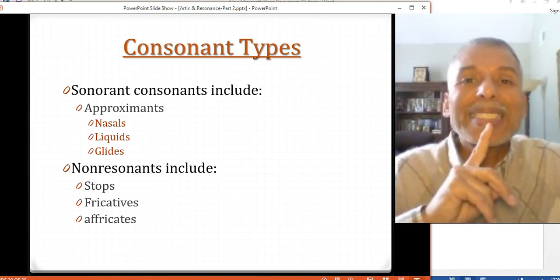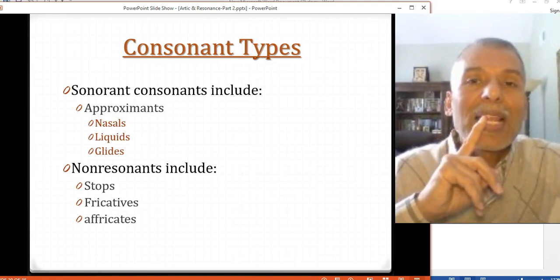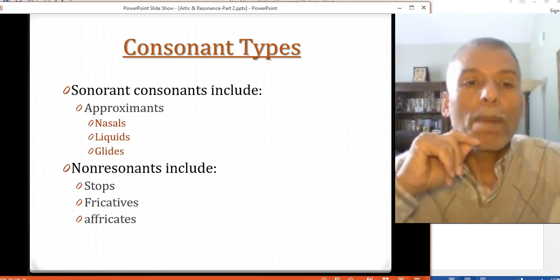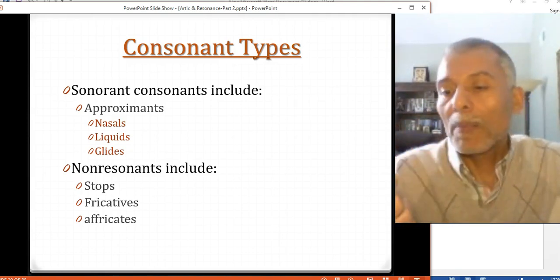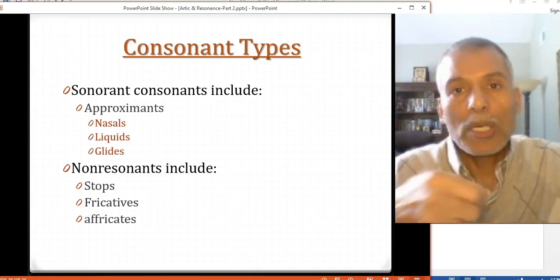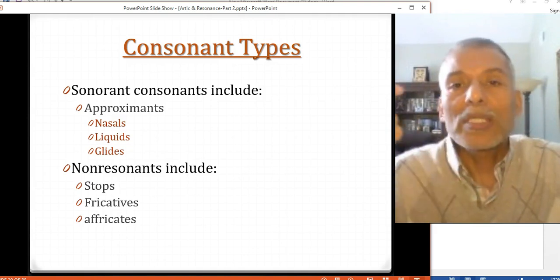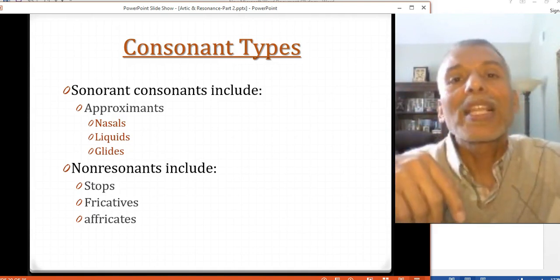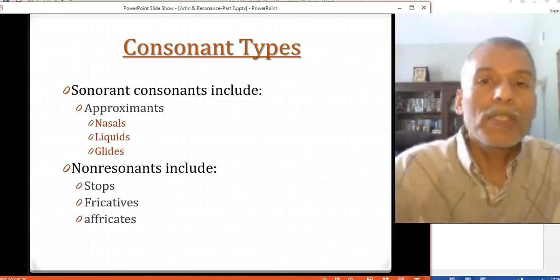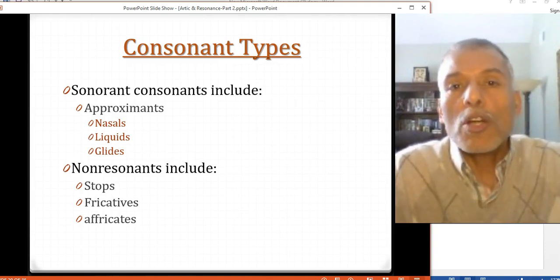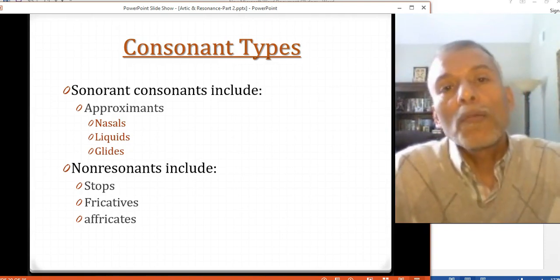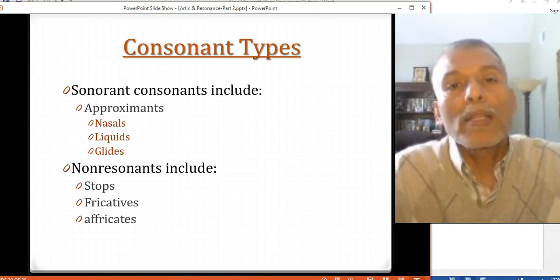L is voiced, and then where is it produced? Alveolar ridge. So it's a voiced alveolar. And then what is the category? Voiced alveolar liquid. And then the r is going to be a voiced palatal liquid.